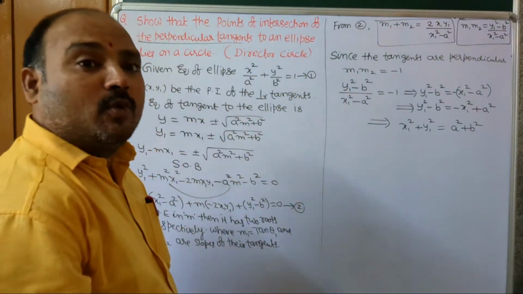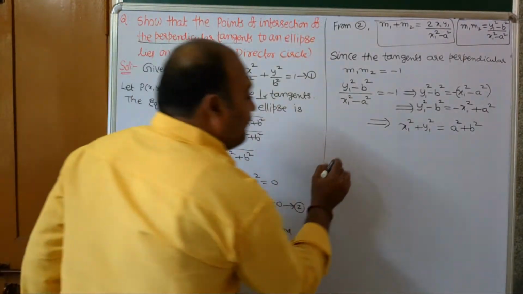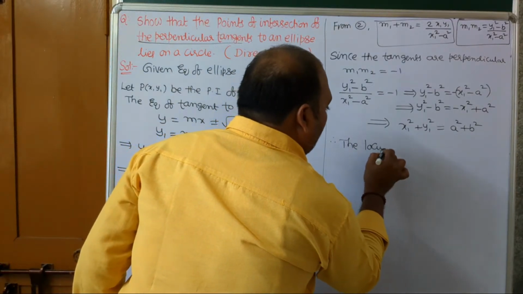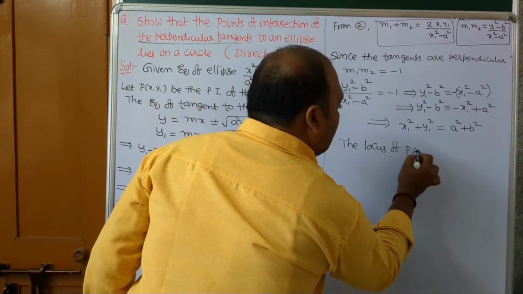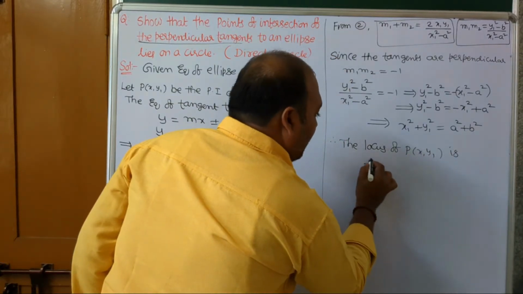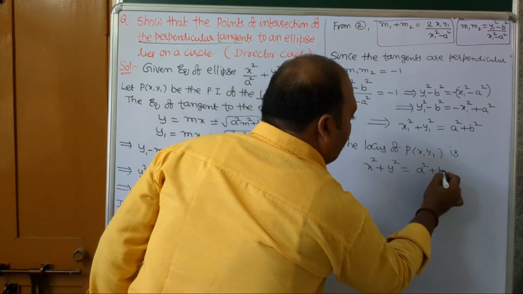Now we want to remove that x1 y1 because it is the locus of a point. Therefore, the locus of P(x1, y1) is x square plus y square equal to a square plus b square.